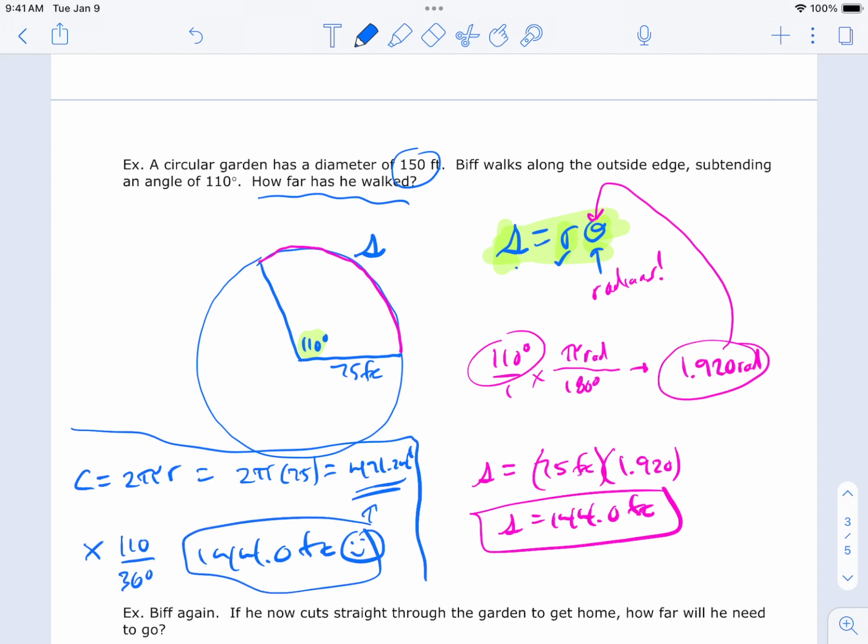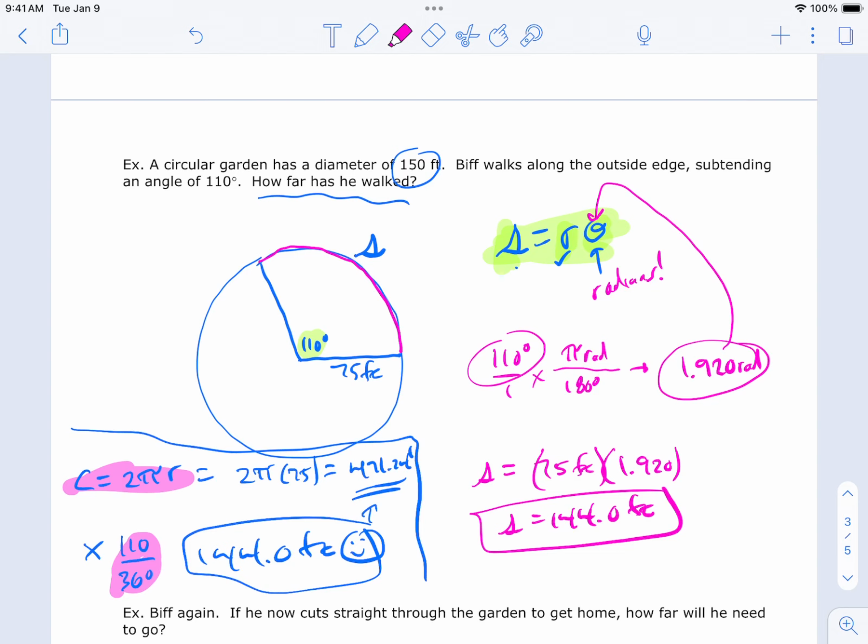Which means you can get away from the radians and the S equals R theta formula if you want. If you keep in mind this kind of idea, you know what the circumference of the whole circle is, and for 110 degrees, just make a little fraction out of it. How far around the circle did you go? Did you go the whole way? No. If you walked halfway, you'd say 180 degrees out of 360, which is a half.